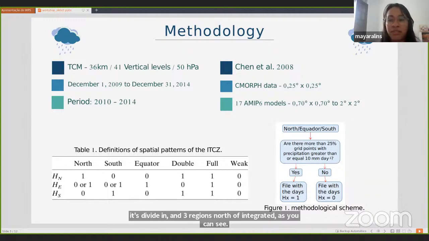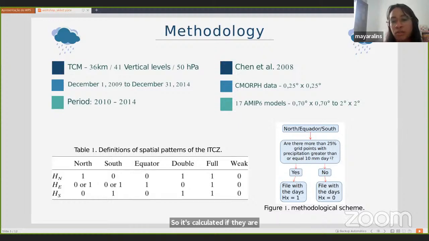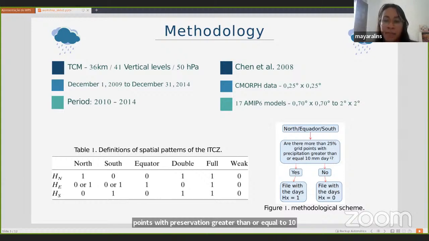So it's calculated whether more than 25 grid points have precipitation greater than or equal to 10 millimeters per day, which is the main rain rate in the ITCZ. And we define the index as 1, otherwise it's 0 for each day. Then we see, according to the definitions of the spatial patterns of the ITCZ in Table 1, if it is north, south, equator, double, full, or weak that day.